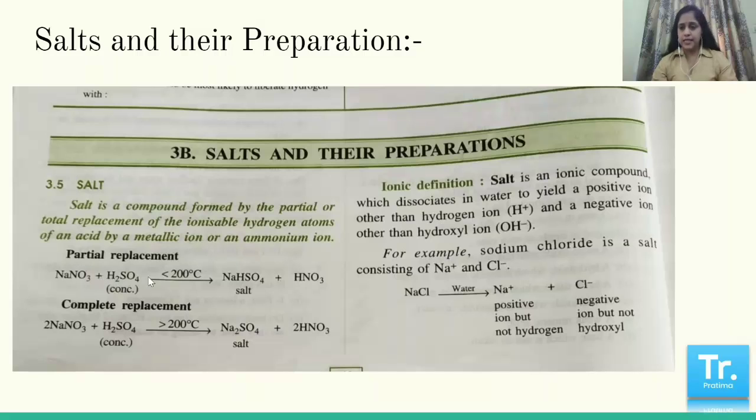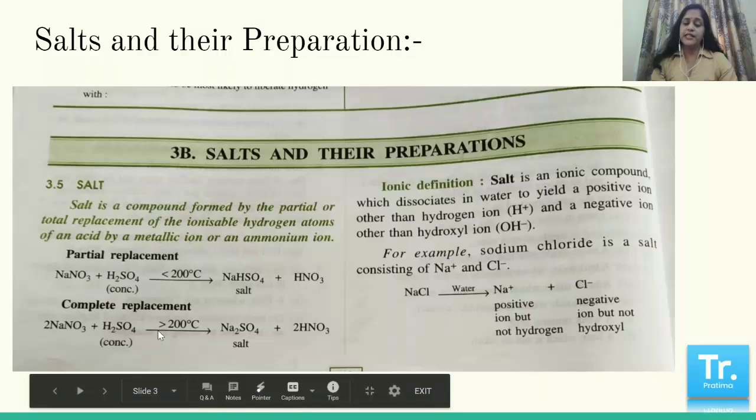You have done this when you were studying the laboratory preparation of nitric acid. See, sodium nitrate, even HCl. Sodium nitrate in this case with conc H2SO4 at a temperature less than 200 degree, where the hydrogen is partially replaced, you get sodium bisulfate. But for the complete, at a temperature greater than 200, you are getting sodium sulfate, where you don't have hydrogen. This is the difference between partial and complete.